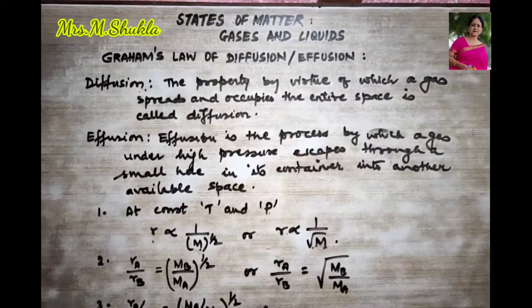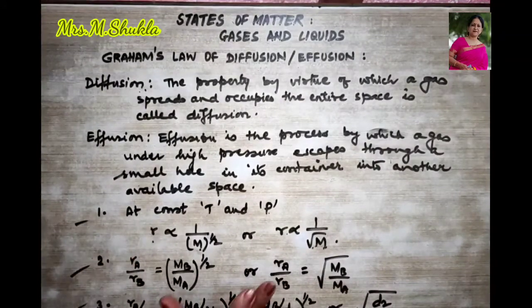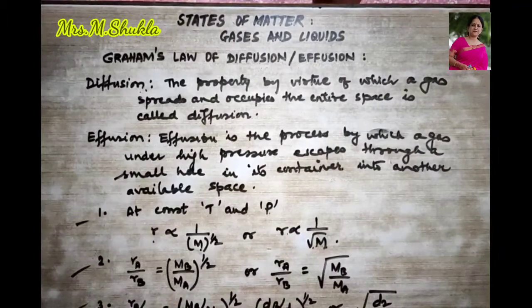So this will be equal to dB upon dA, the density of gas B upon the density of gas A, to the power 1 by 2, or this can also be written as under root D2 upon D1. I hope all these 3 points about Graham's law of effusion are clear to you.